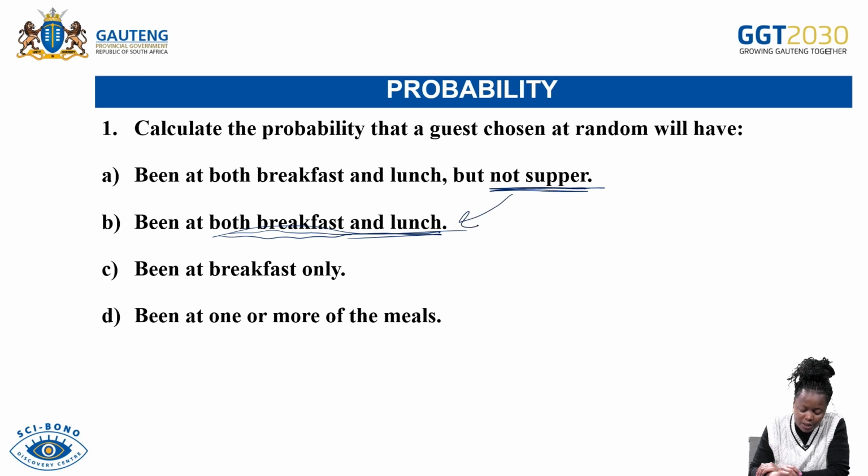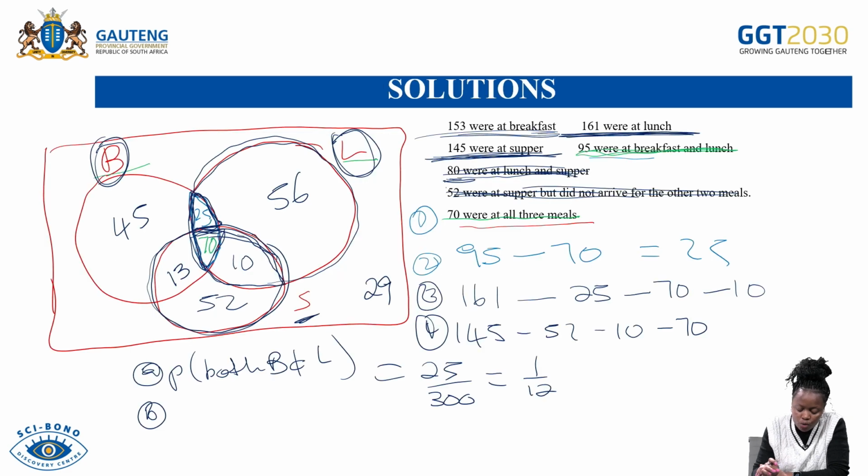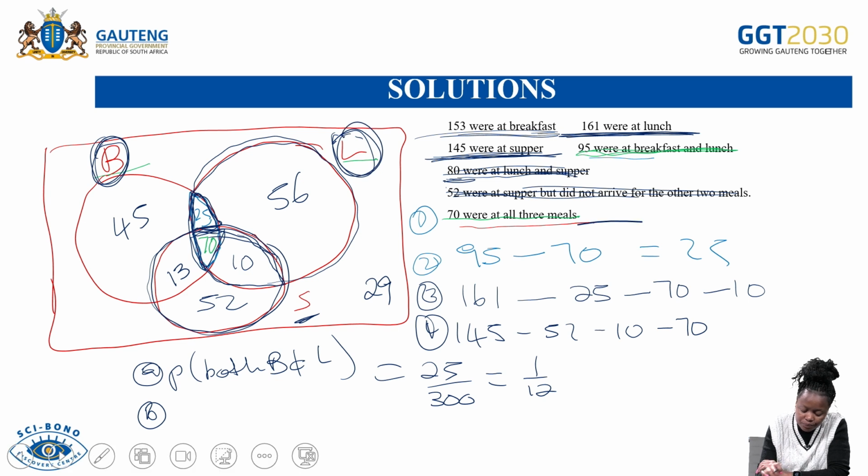I don't know if you can see, they just said they've been at both breakfast and the lunch. They didn't say anything about the supper. So it doesn't matter if they've been to supper or not, but they should have been at both the breakfast and the lunch. So you go to your intersection of breakfast and the lunch. Ne? Breakfast and the lunch, it means you are going to take the whole intersection of the breakfast and the lunch.